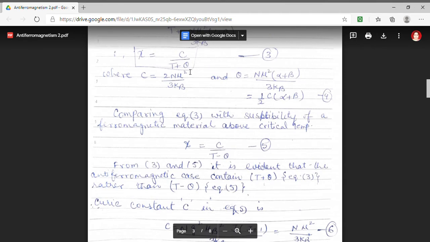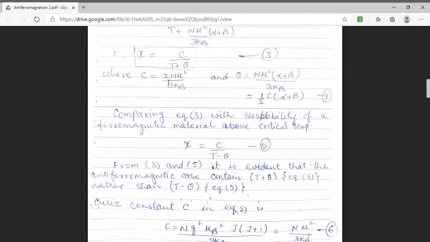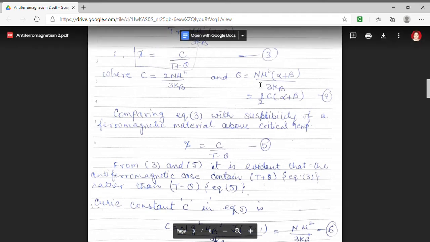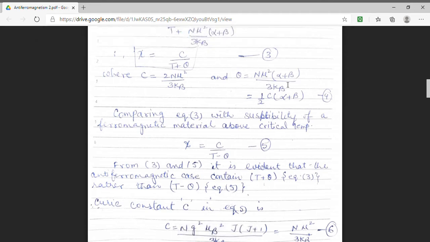The constant C is the Curie constant and it has a value 2 n mu square upon 3 kB, and theta is n mu square alpha plus beta upon 3 kB, and when it is expressed in terms of Curie constant, it is half C alpha plus beta.